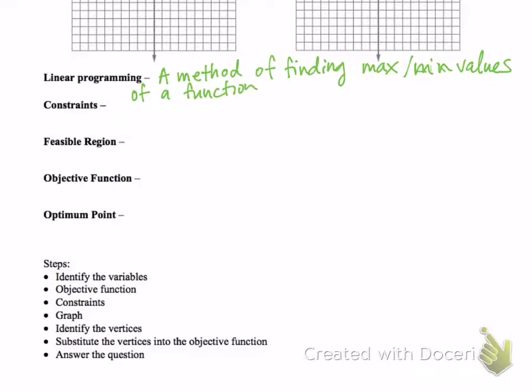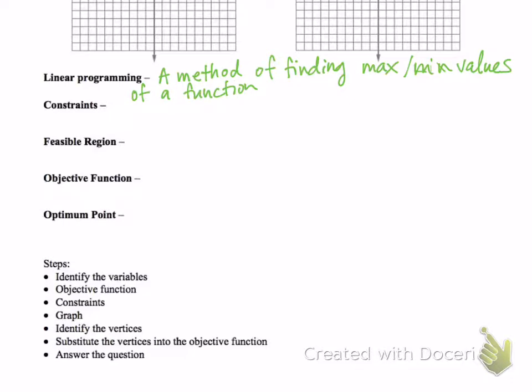So what that means is how can I maximize this profit in this business? Or how can I minimize the cost of how to build this restaurant or how to run this store? So it's a way to max or minimize values, which later on leads into topics that you'll cover in calculus, but we only use algebra 2 for this. So it's kind of cool how you can do multiple things. Like you can do it in algebra 2 and in calculus, and there's different concepts, but you're solving for the same type of thing. So maximizing or minimizing a function.